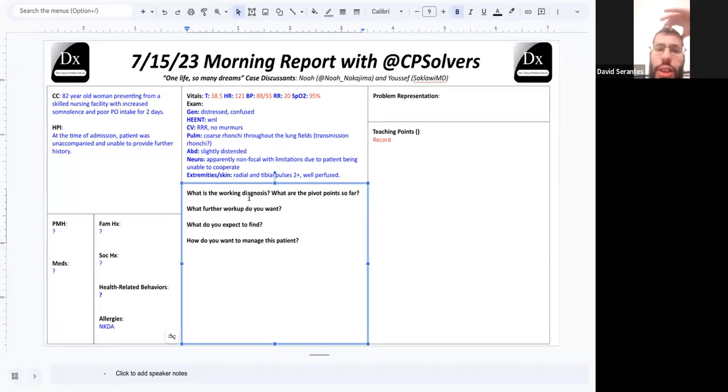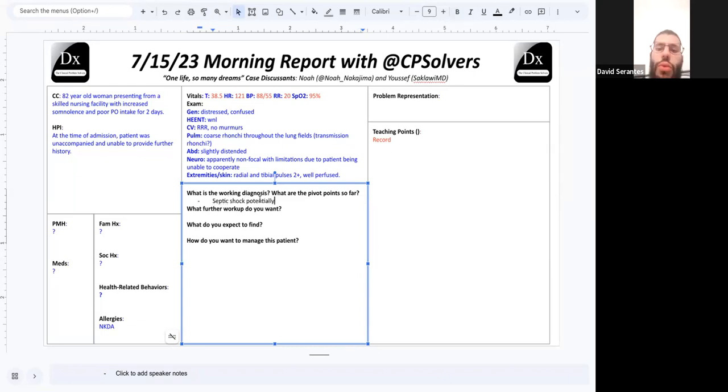Well, this is an elderly woman with vitals concerning for shock, and we were discussing in this case the fever probably points to septic shock as the most common cause.